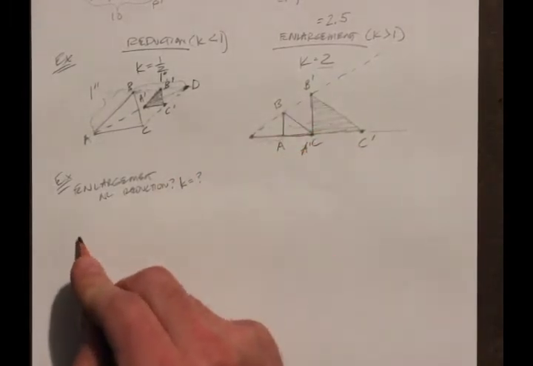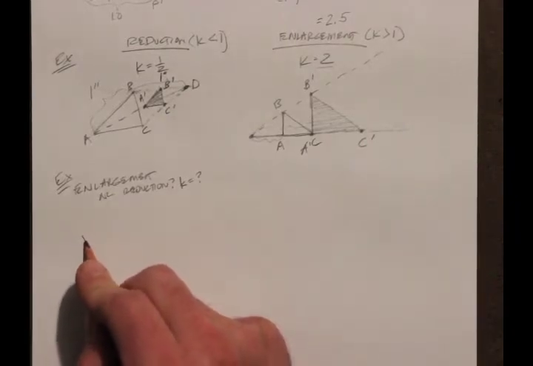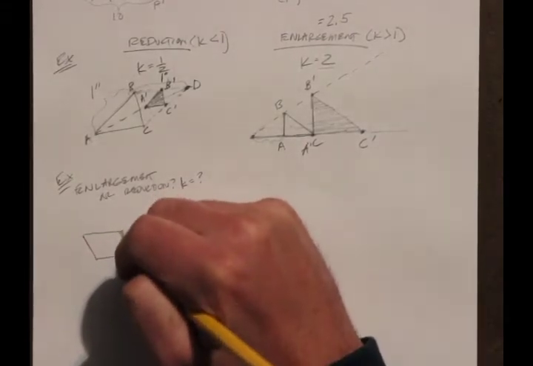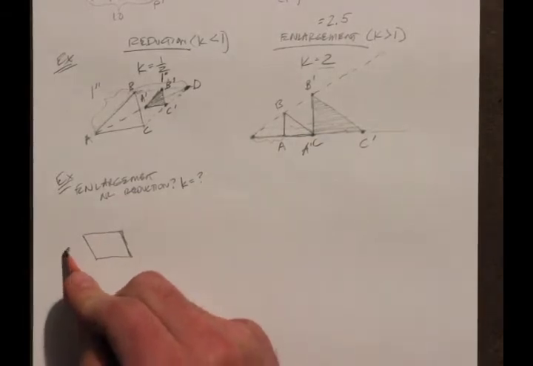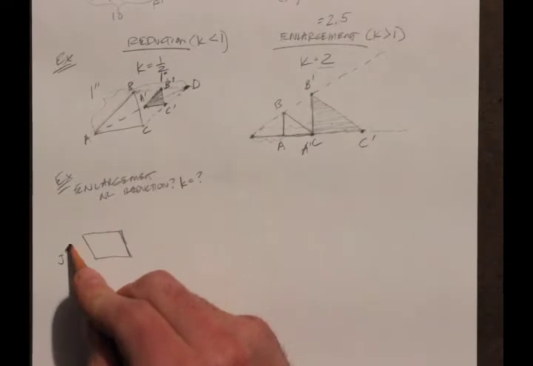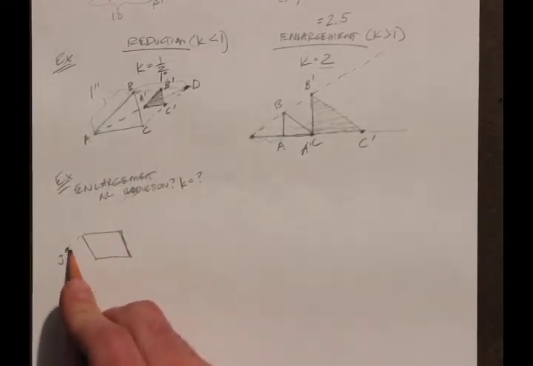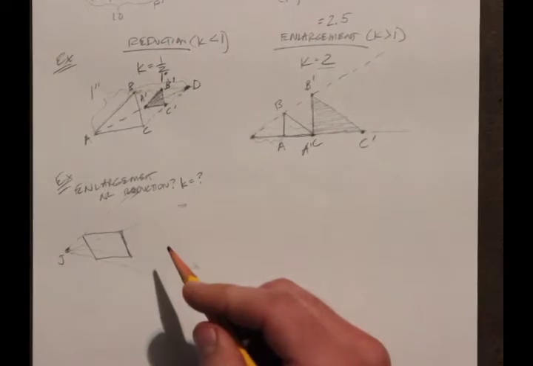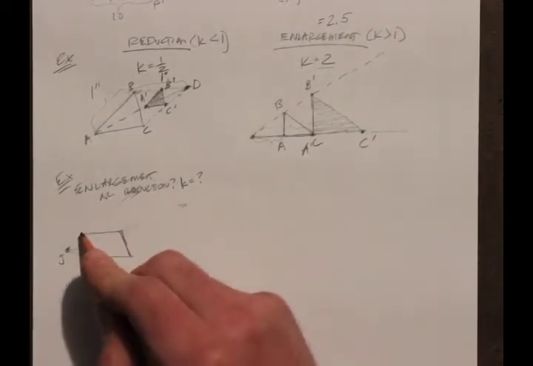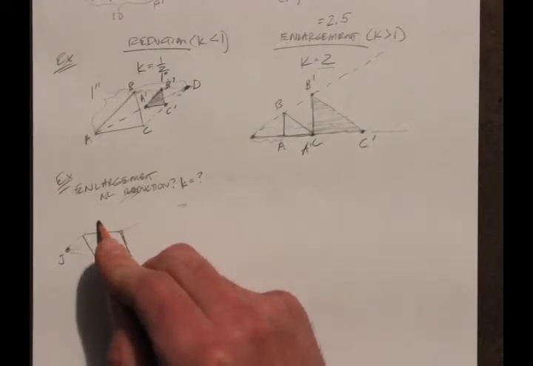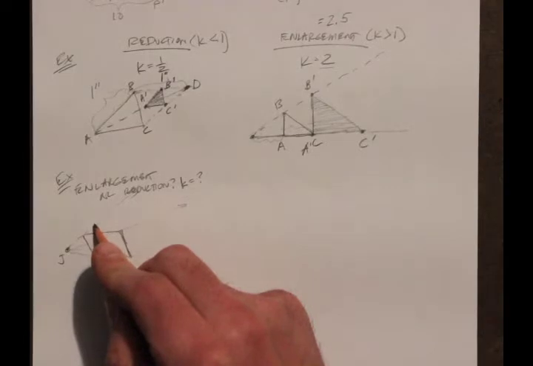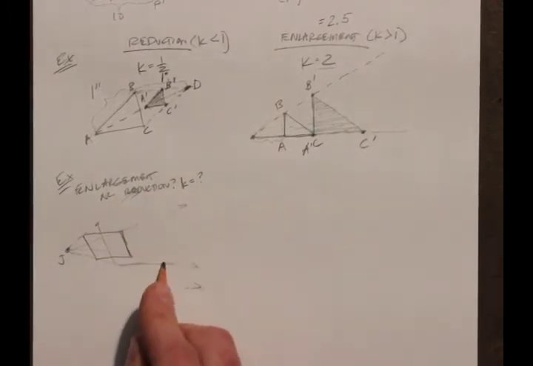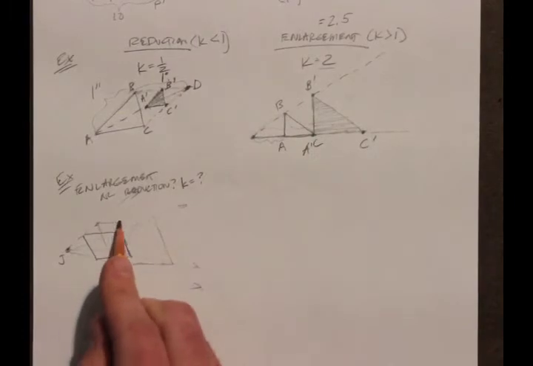Right, so let's start with this shape. It is a parallelogram, and J is going to be our point of dilation, and then we're going to draw some lines out from each one of these points, and we're going to put a point right here, and then we're going to follow the shape of the parallelogram like this.